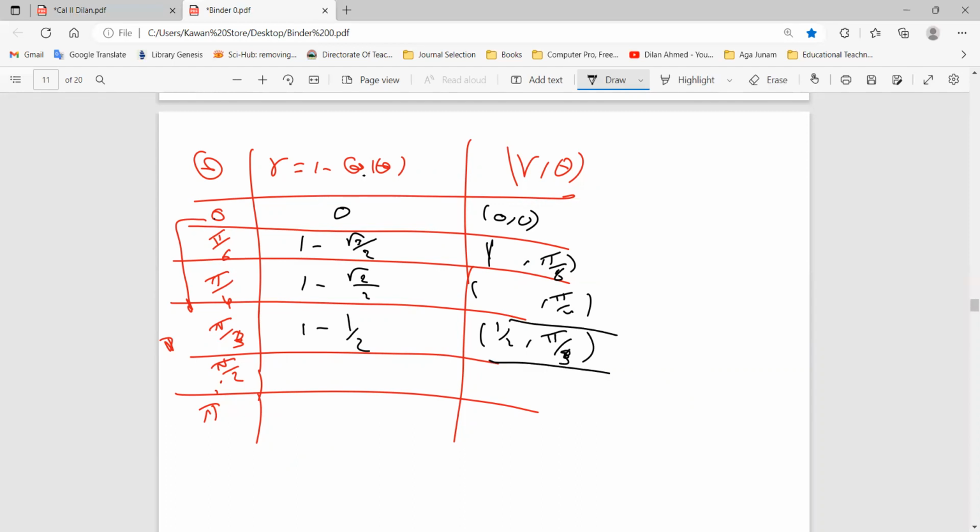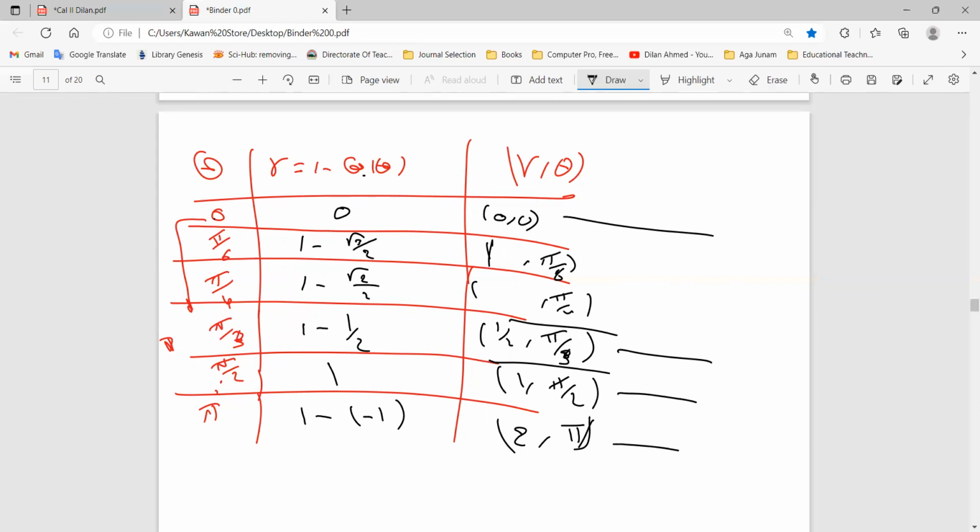What else? Pi over 2. How about pi? 1 minus minus 1. Am I right? So I'm going to use this information to get what?